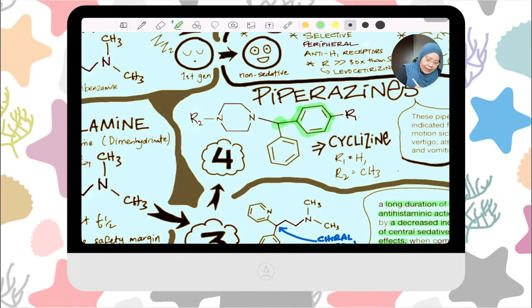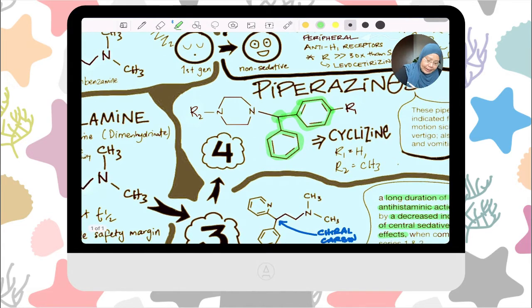You still have the aromatic ring, the carbon, and the second aromatic ring. This is a chiral carbon, if R1 has a different substituent. The next one, instead of a carbon, is now a nitrogen.